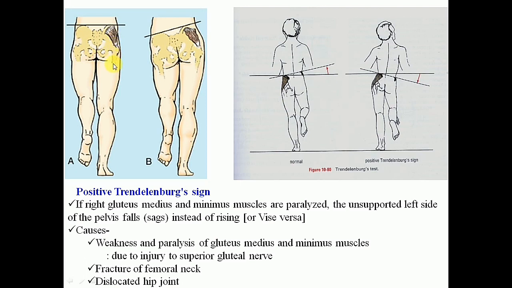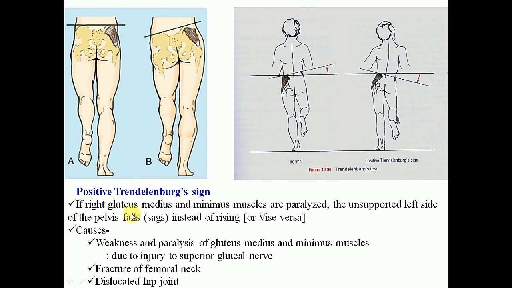Normally, when the body weight is supported on one limb, the gluteus medius and minimus of the supported side, for example here on the right side, raise the opposite unsupported side of the pelvis. However, if the abductor mechanism is defective, then the unsupported side of the pelvis will drop or sag, and this is the positive Trendelenburg sign.